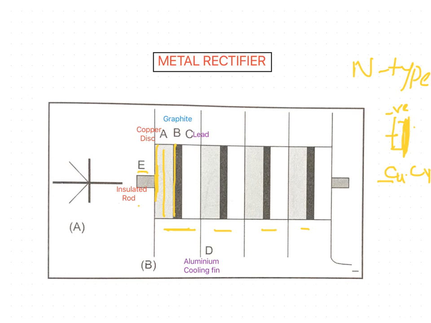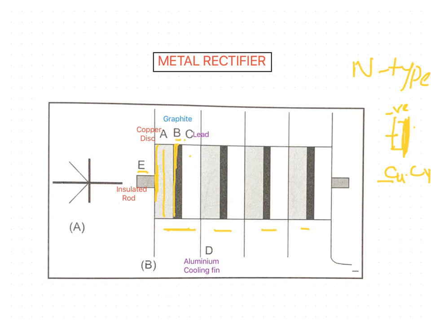E is the insulated rod. B is a thin layer in contact with the copper oxide layer, that is graphite. This dark layer is called graphite. After that there is a lead disc.